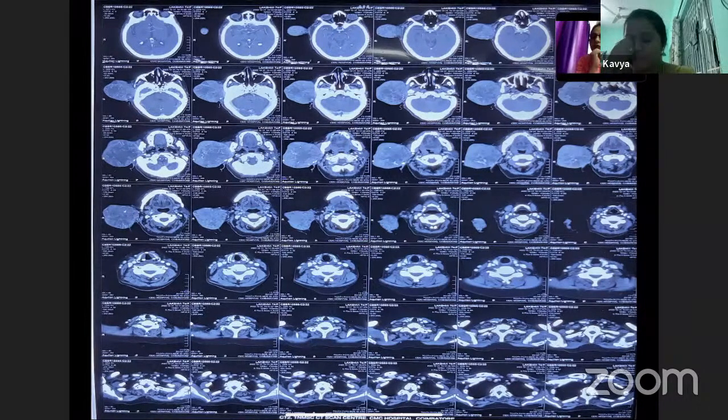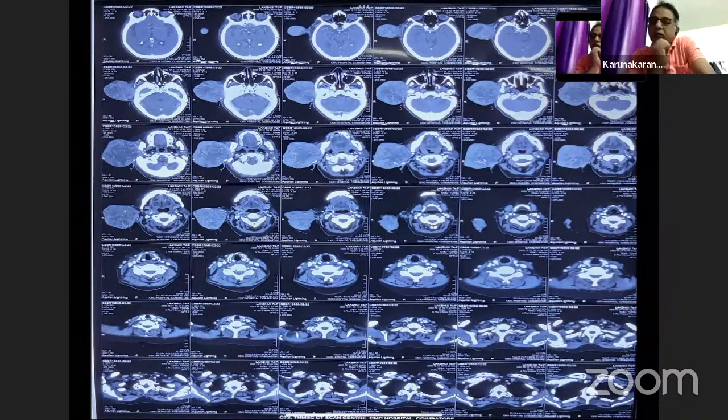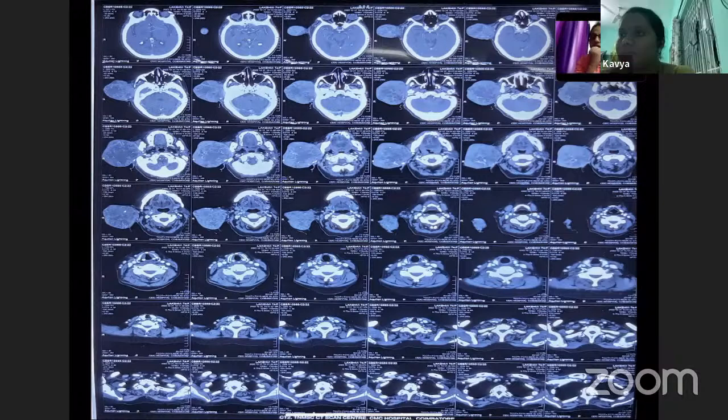So even for palliation, you cannot give radiotherapy in this patient. As Khanna sir said, you can rely solely on chemotherapy as neoadjuvant. Depending on the response, we can plan our further surgical management. Okay, sir.